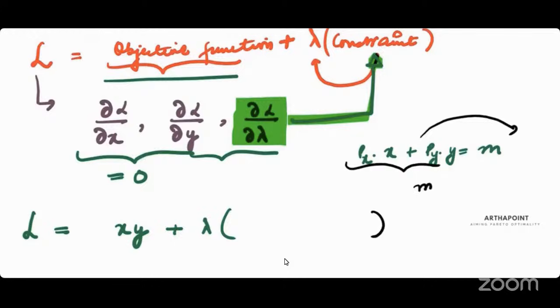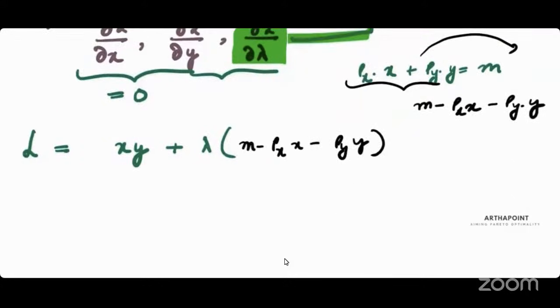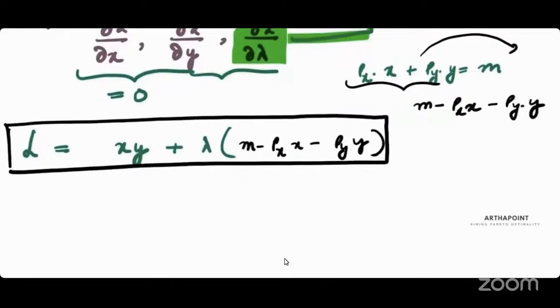So you always have your constraint like this: m minus px into x minus py into y. Forming this equation is what you have to learn. After you have formed this equation, it's pretty simple.